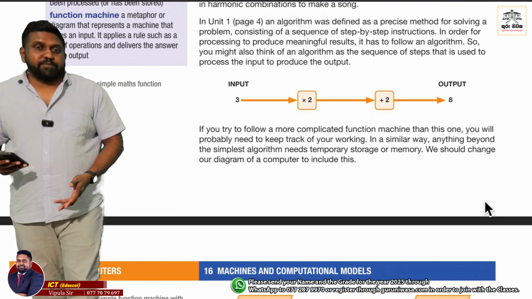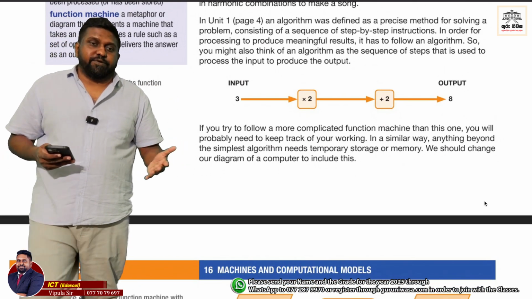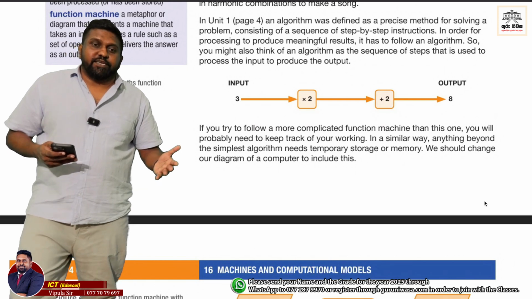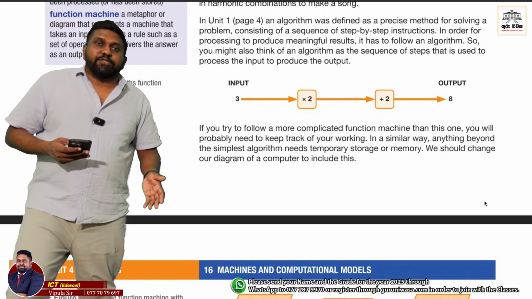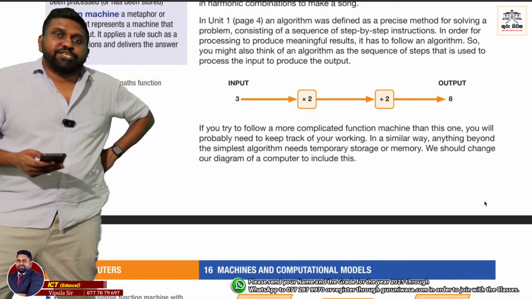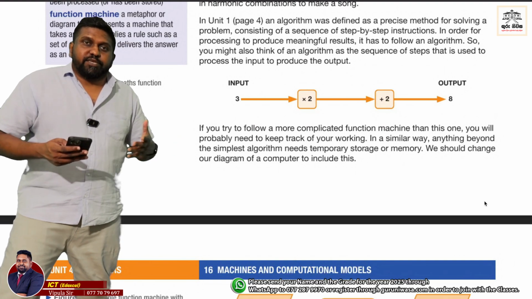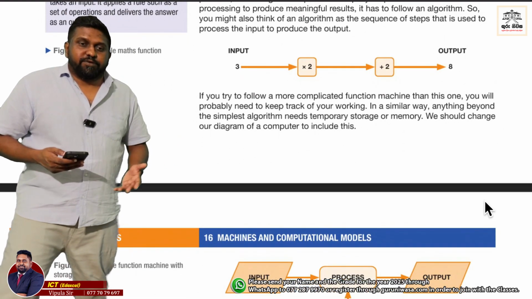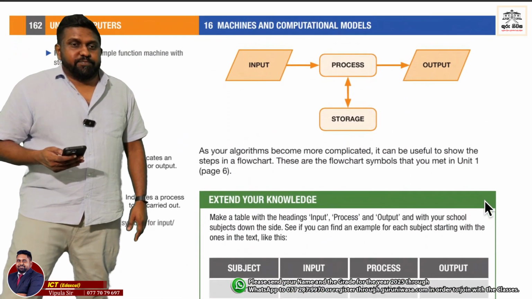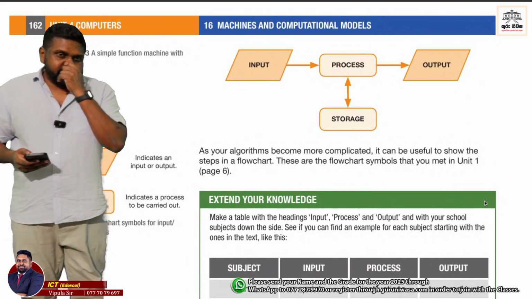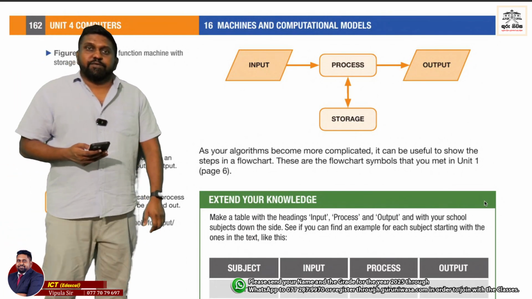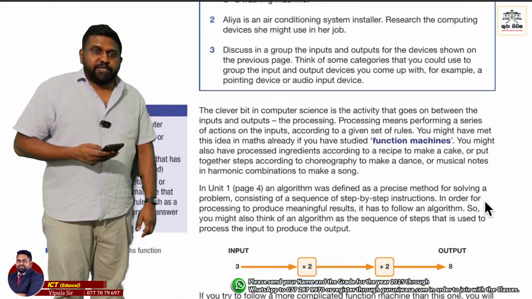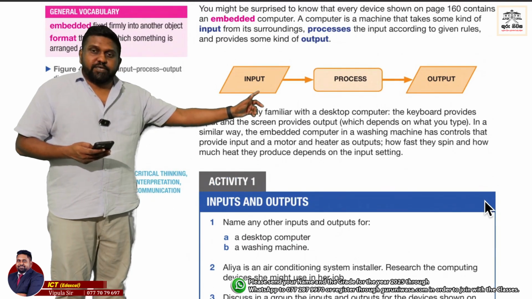Here you will probably need to keep track of your working in a specific way, so that you can change the diagram or the structure according to your need. Okay, so let's jump in. Now this is about the point which you drew earlier. I hope you guys did this one, right?